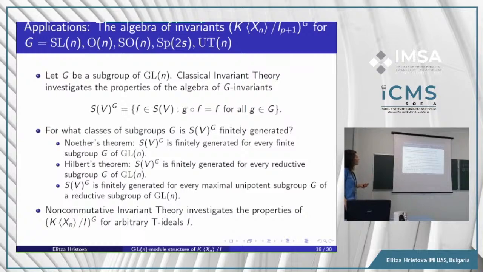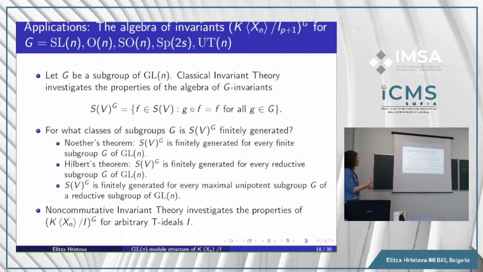Then we have Hilbert's theorem that says that this algebra of invariants is finitely generated for every reductive subgroup of GL_N, and there is also a theorem that for every maximal unipotent subgroup of a reductive subgroup, again we get a finitely generated algebra of invariants.